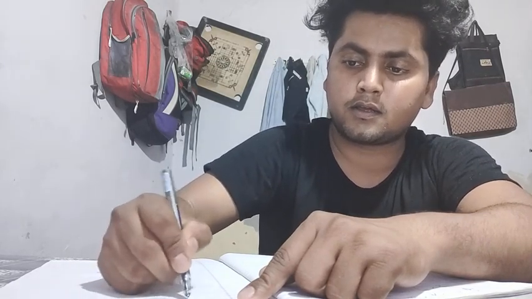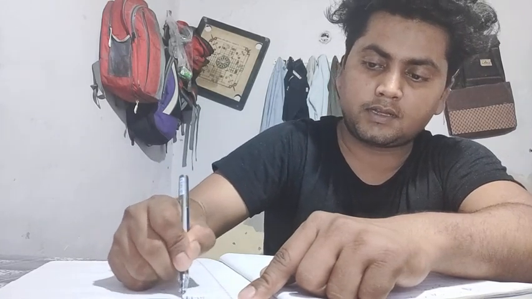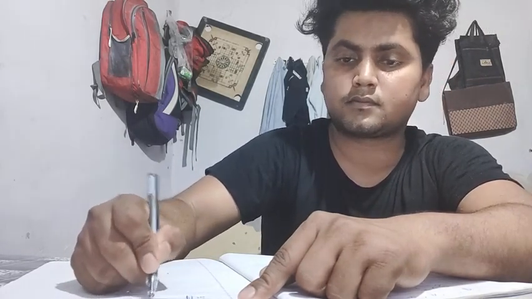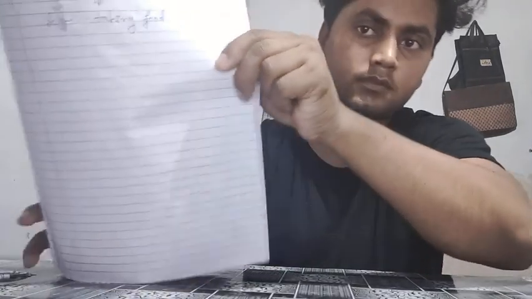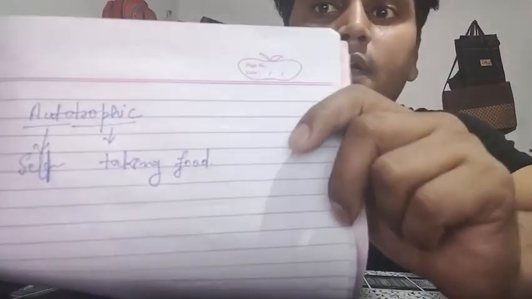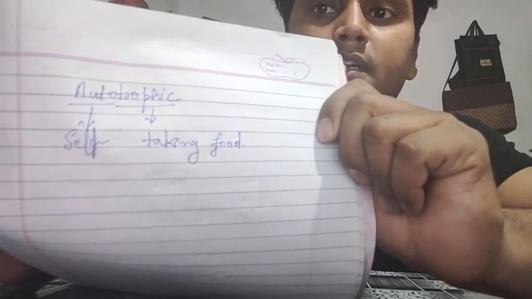You will write like this. You will place autotrophic, underline the auto and write below self, and trophic.